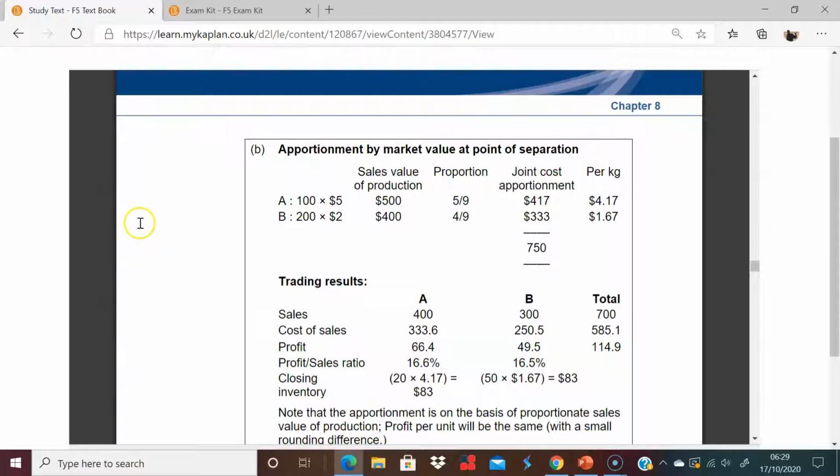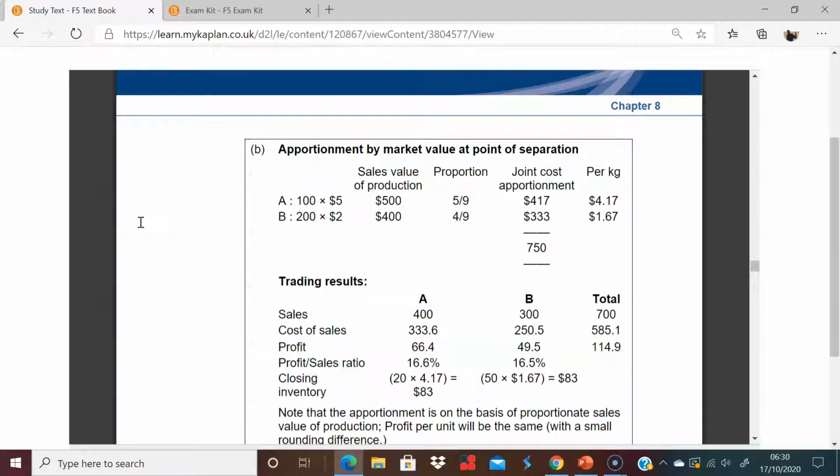So you're selling your items at £5 again. You have your cost of sales here of 333, and then you have your profits, and again, you carry on as normal. But your cost of sales is just 5 over 9.